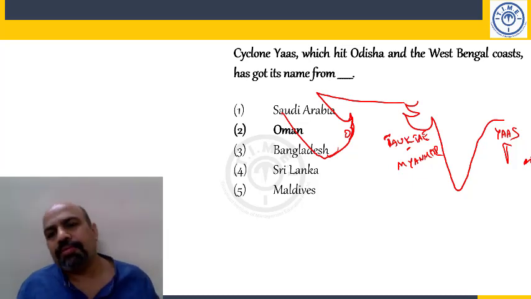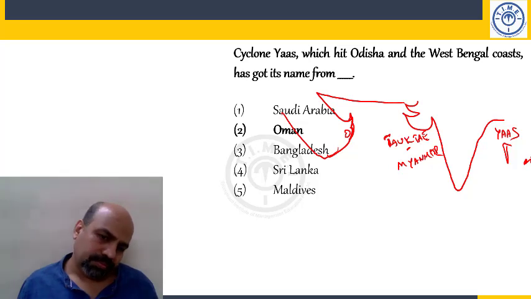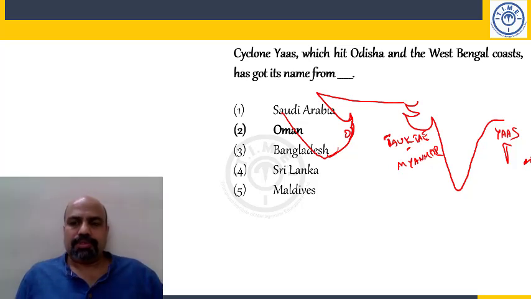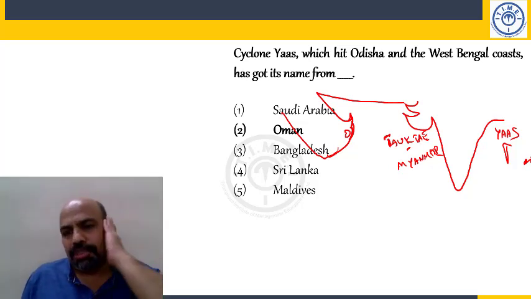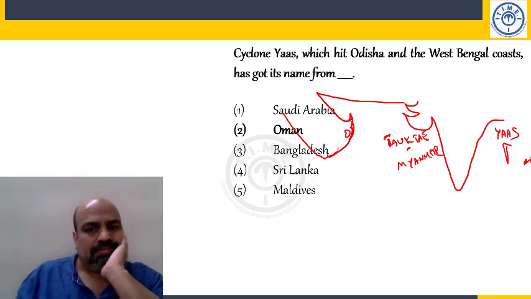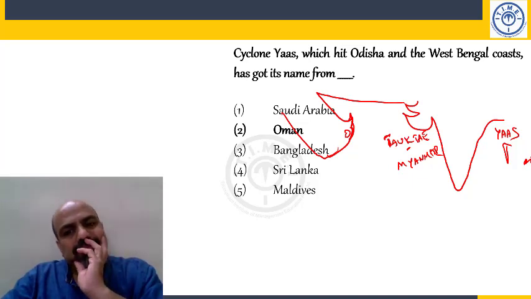Please write this. Cyclones over North Indian Ocean. Okay, underline that. First point.